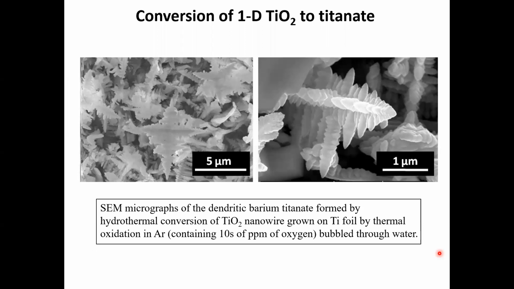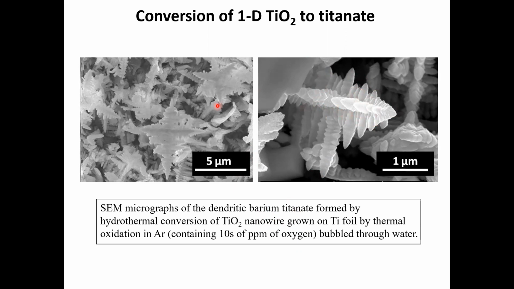Here's another thing that we did. So we grow this one-dimensional TiO2 in argon environment, and then collect those one-dimensional TiO2 and put it in a hydrothermal environment containing a barium source. And we grow this barium titanate that looks dendritic.